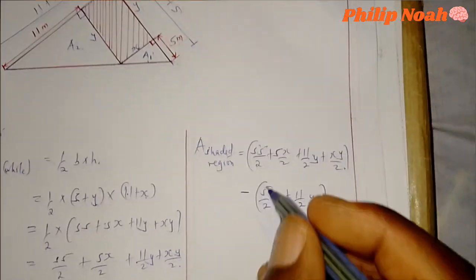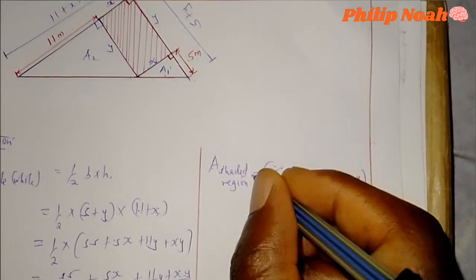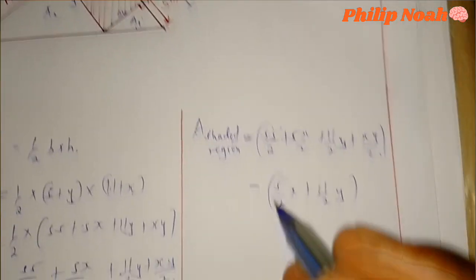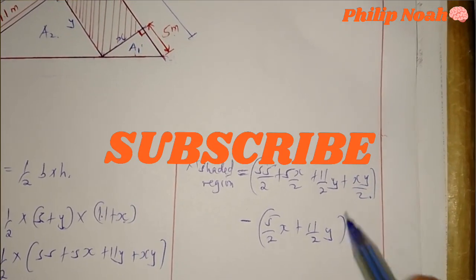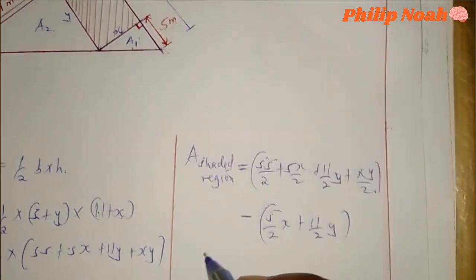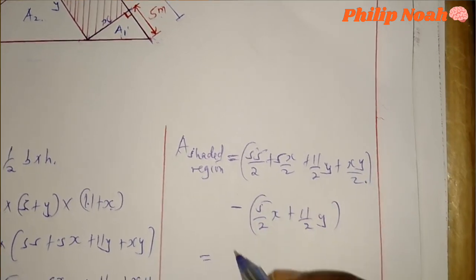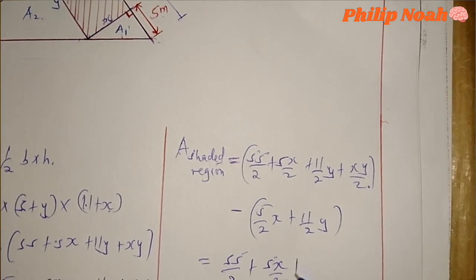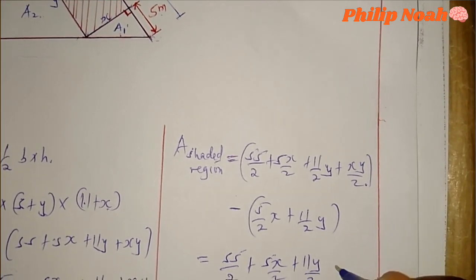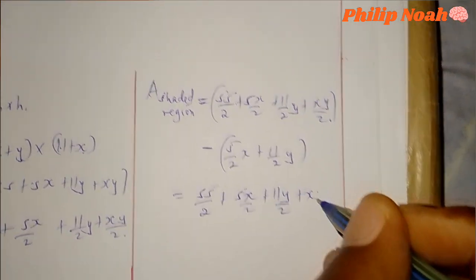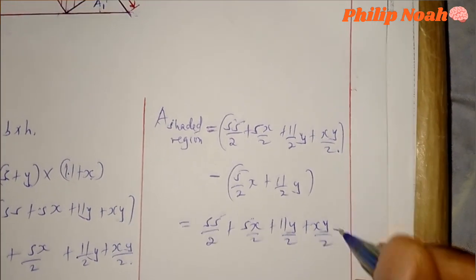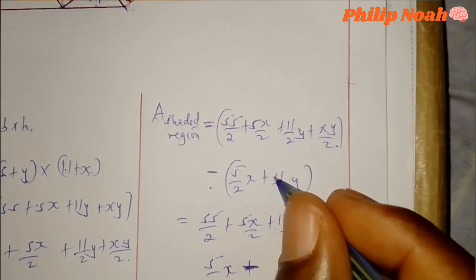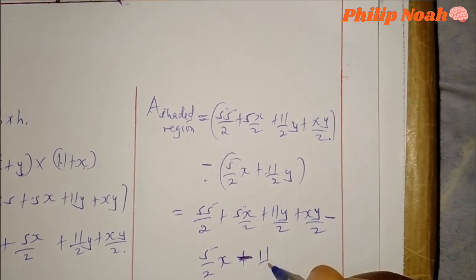So we collect like terms and say area of the shaded region is equal to 55 over 2 plus 5x over 2 plus 11y over 2 plus xy over 2 minus 5 over 2x minus 11 over 2y.